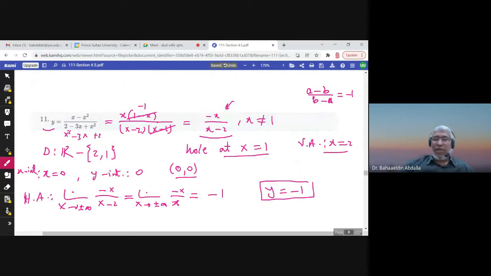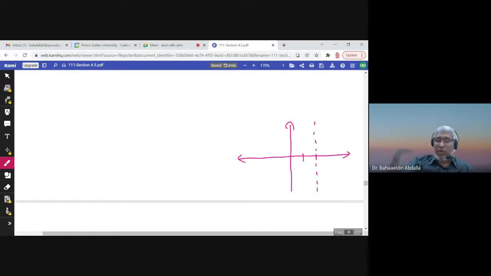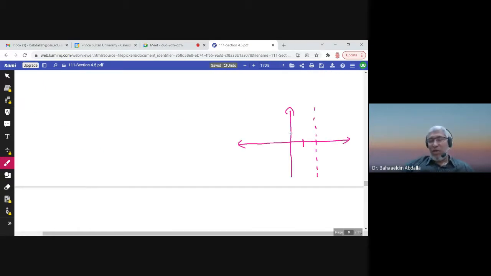Well, if I replace x by 1 here, what would I get? Negative 1 over 1 minus 2, so negative 1 over negative 1. That's 1. So this function passes by (1, 1), but it shouldn't be equal there. So at (1, 1), I have a hole.